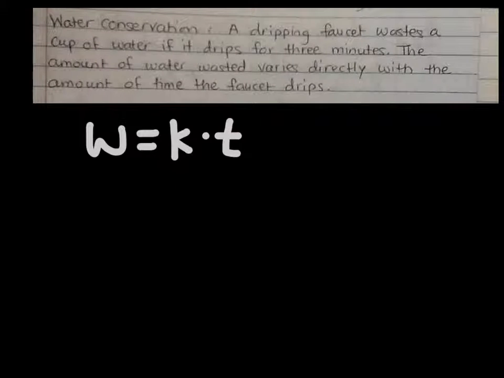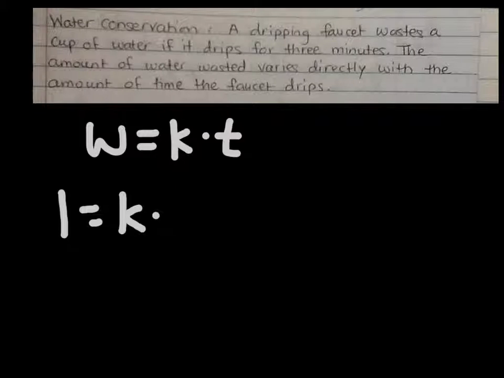Alright, so in the last slide we made the formula W is equal to K times T. In our question, we said that 1 cup of water is wasted for every 3 minutes. So we can set W to be 1, is equal to K times T. But we can also replace T in this case, because we're given that it takes 3 minutes.